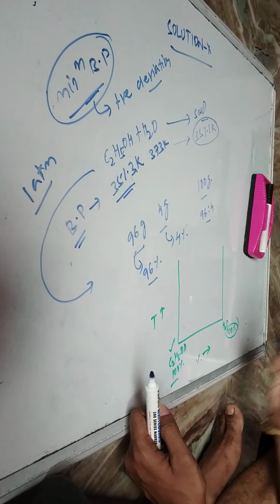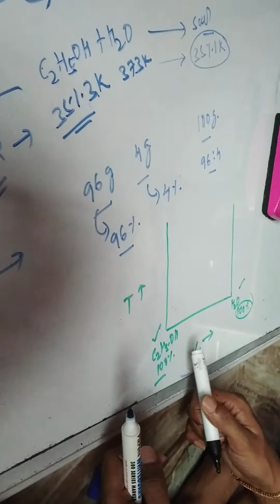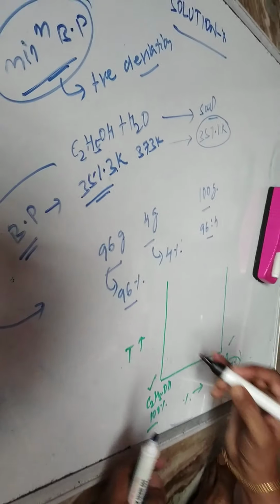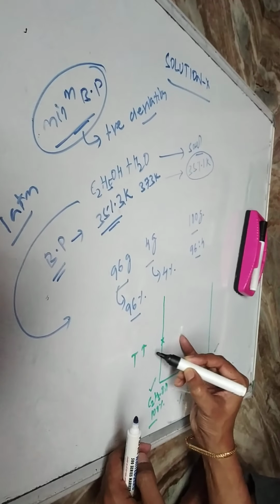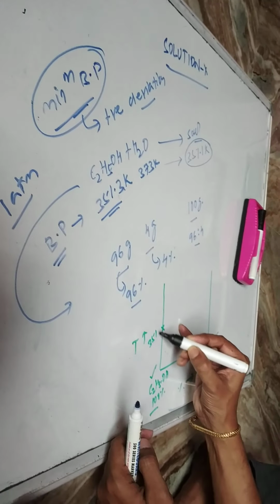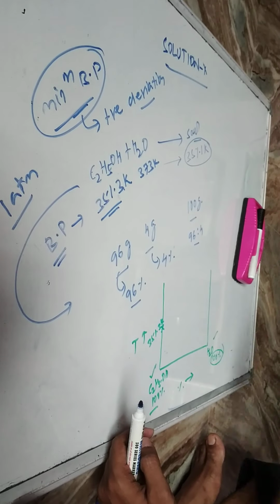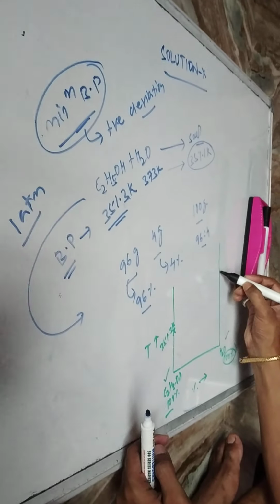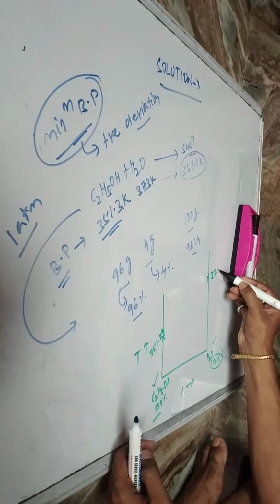So this is pure ethanol and this is pure water. The boiling point of pure ethanol is 351.3 Kelvin, and the boiling point of water under 1 atm pressure is 373 Kelvin.